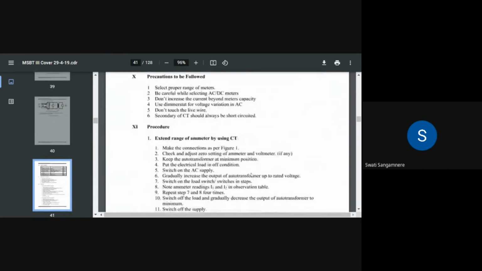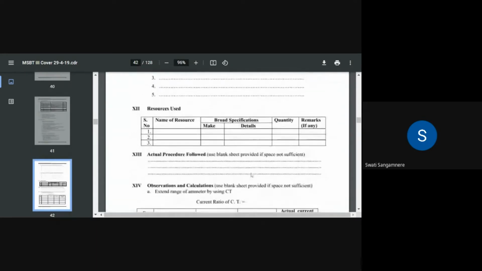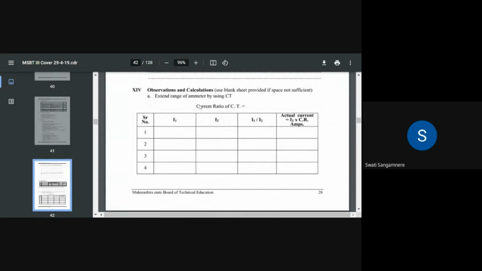Then see the observation table. First, this is the observation table for extension of range of ammeter using CT. Here we write down the current ratio. In our practical, the current ratio of the CT is 100/5 ampere, so we calculate 100/5, which means 20.